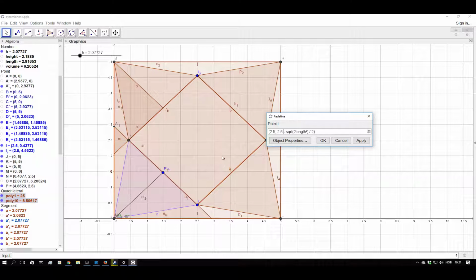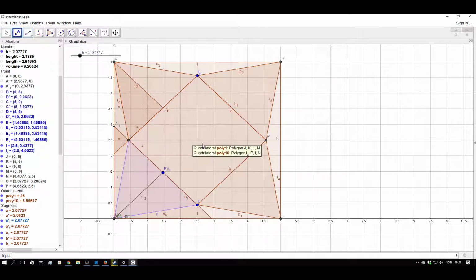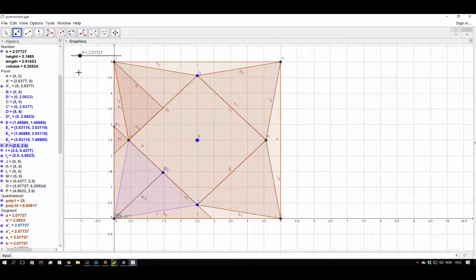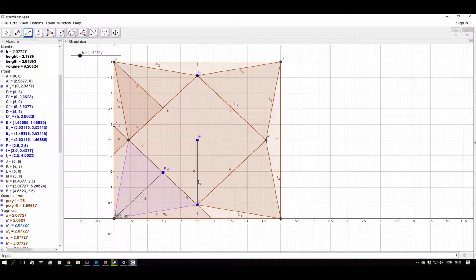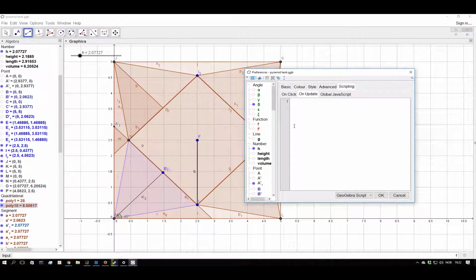Okay, so what does this mean? This means that it's 2.5, which is the middle, minus the length squared, 2 of them, yeah? If I give us some visual aids here, that's that. And we're trying now to find this length here. If I can change its color.